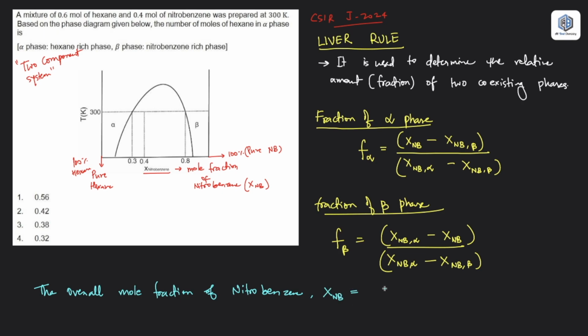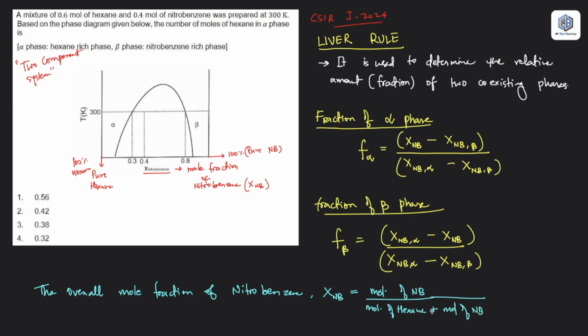How are you going to calculate it? You will write down the moles of nitrobenzene. In the question they have given that a mixture of 0.6 moles of hexane and 0.4 moles of nitrobenzene is given to you. So the mole fraction of nitrobenzene you can simply calculate: the moles of nitrobenzene divided by total moles, or moles of hexane plus moles of nitrobenzene.